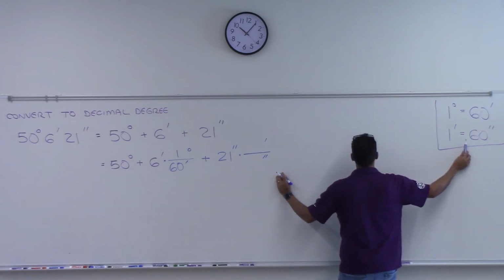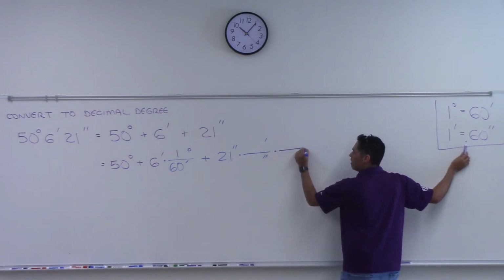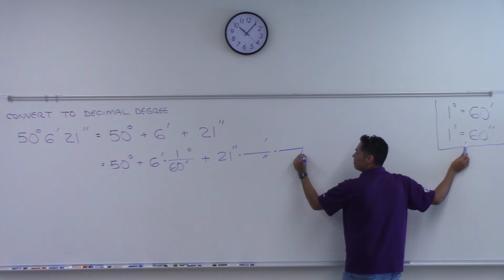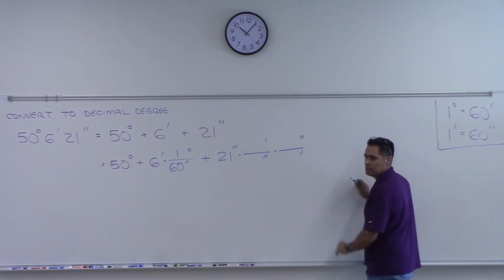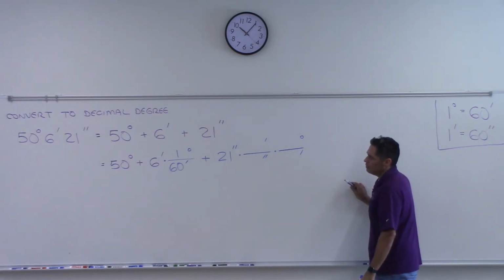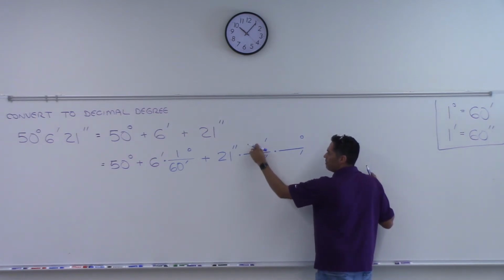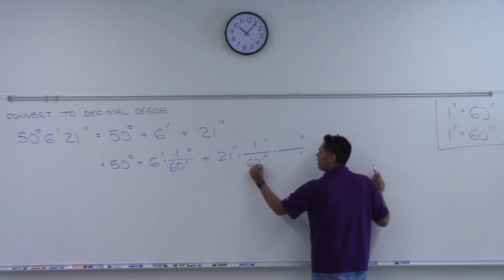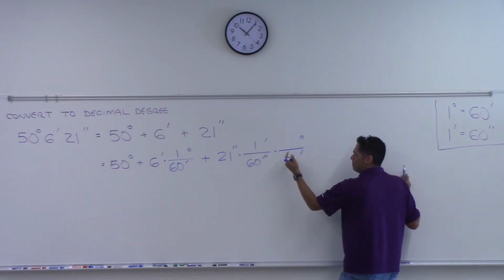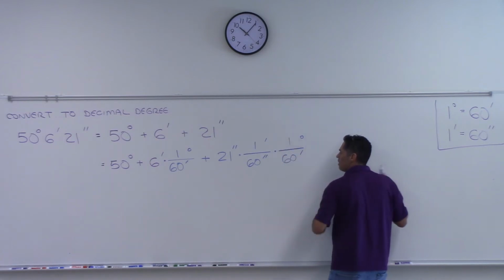That's this one. And then multiply again by the thing that takes the minutes to degrees. So what goes on top and bottom here? How many minutes? 1 over 60, and then here? 60 minutes here and 1 degree there, right?